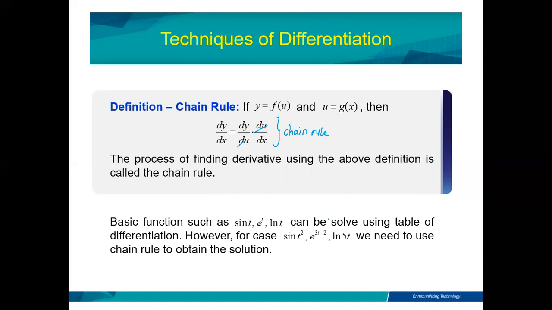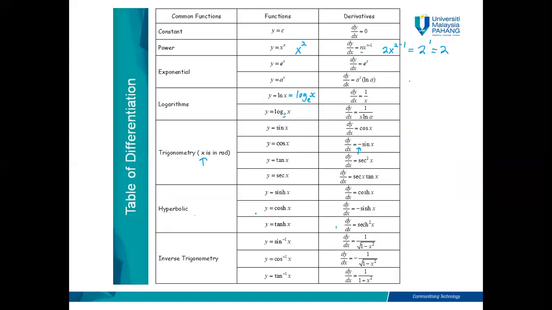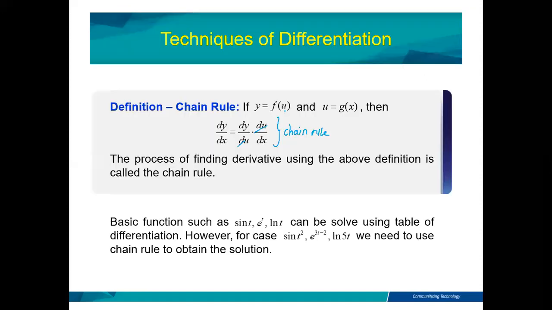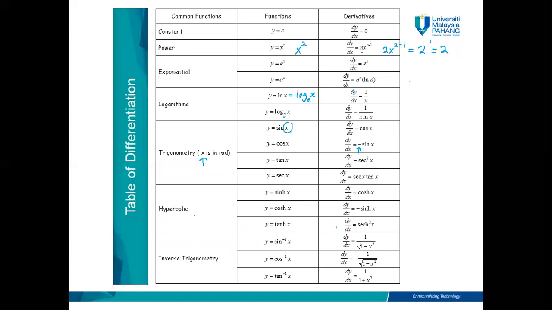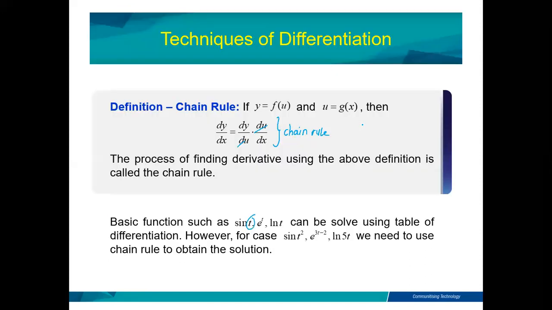A basic function, for example sin t. If it is given in t, the answer is also in t. If given y, then y. If given x, then x. Earlier we had sin x. If we have sin t, the answer is differentiate sin t and you get cos t. Same for e to the power of t, also e^t.